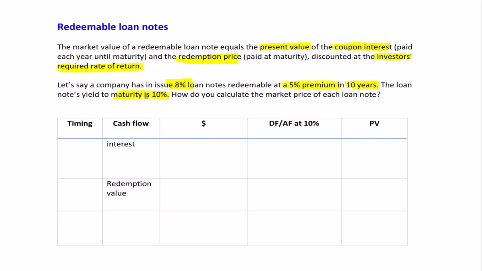So how we calculate this now is we lay out the cash flows and we discount at that 10%. So they're going to get interest at the end of each of those 10 years. So therefore, we're going to be getting interest from time 1 to time 10. And we'll be getting interest at 8% on the par value, which is 100.